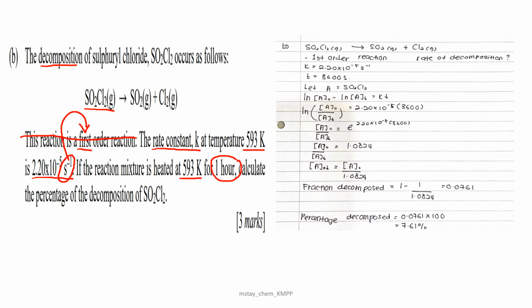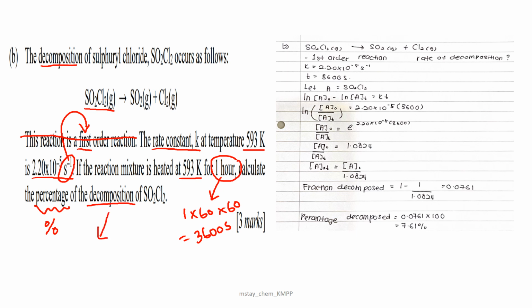Due to the rate constant given in the unit of second, we will prefer to convert the hours into second, which will equal to 3600 seconds. The question asks us to calculate percentage of decomposition. Means that how many percent is decomposed, berapa peratus yang telah terurai.